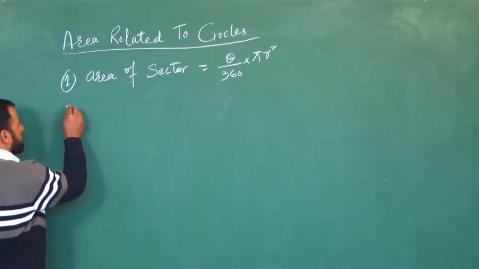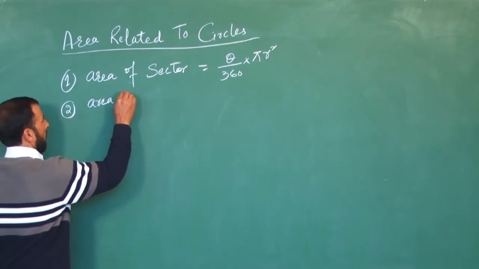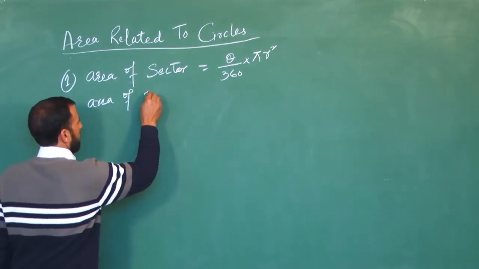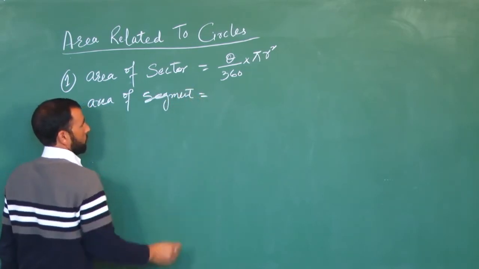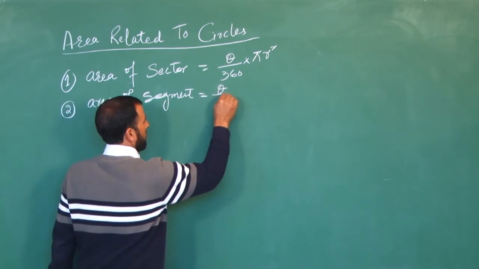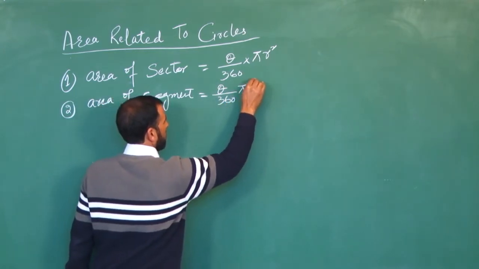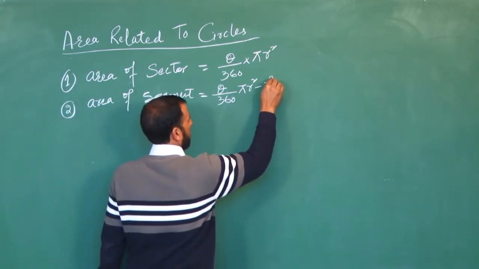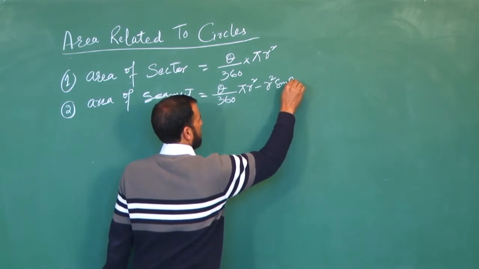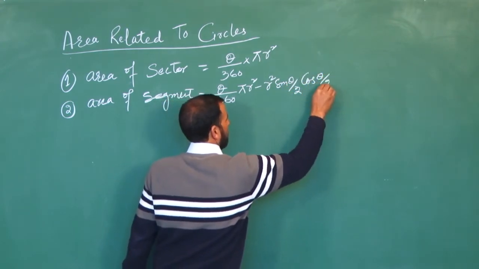Now the second one is the area of a segment. Area of segment is equal to theta divided by 360 into pi r squared, minus r squared sine theta by 2 into cos theta by 2.